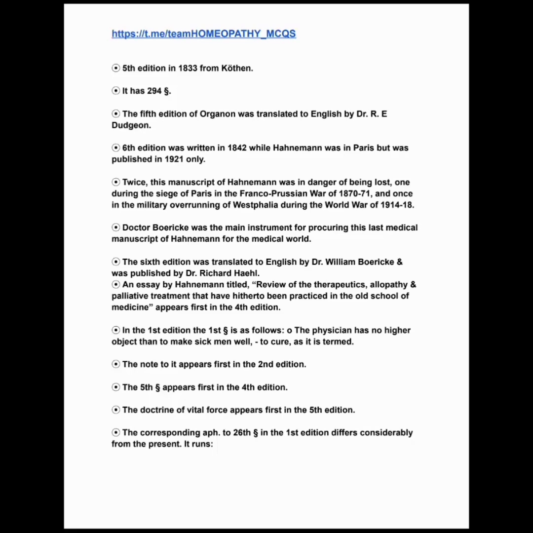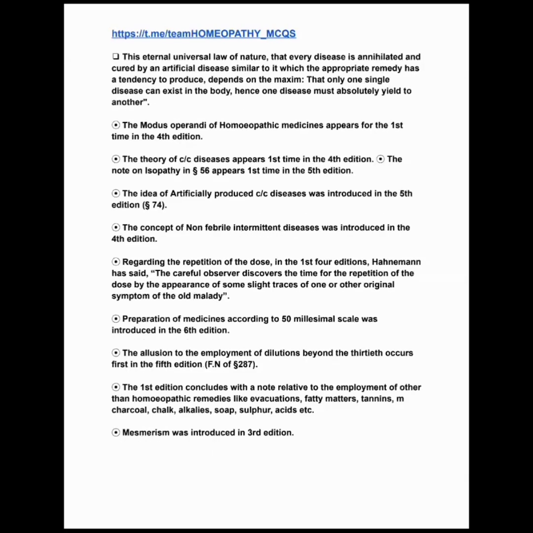The corresponding aphorism to 26th aphorism in the first edition differs considerably from the present. It runs: Eternal universal law of nature that every disease is annihilated and cured by an artificial disease similar to it, which the appropriate remedy has a tendency to produce, depends on the maxim that only one single disease can exist in the body, hence one disease must absolutely yield to another.